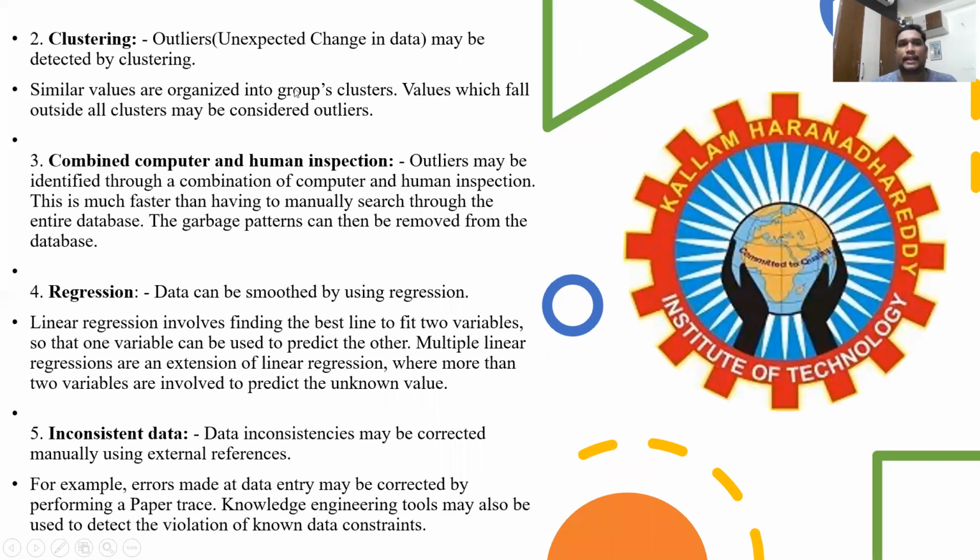Next, clustering. Clustering means outliers may be detected by clustering. What do you mean by outliers? You have some unexpected change in data. Now you have sorted data accordingly. We have a huge amount of data, and based upon some circumstances, there is some change happening in data.